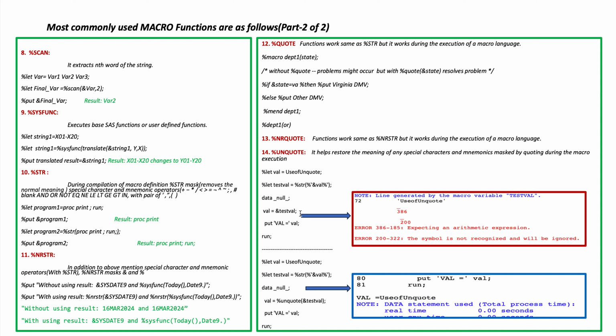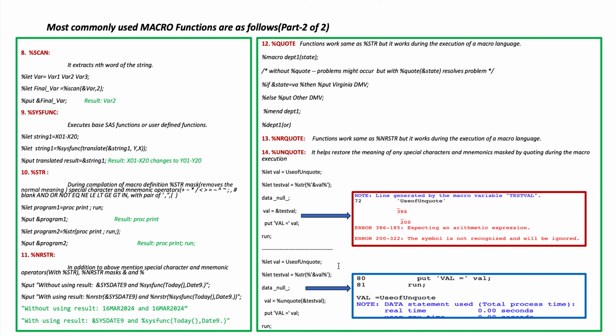Suppose we are using this macro variable testval in another SAS program, and when we use this macro variable value, then it will result in an error. The error is shown on the right side. It says here expecting an arithmetic expression.